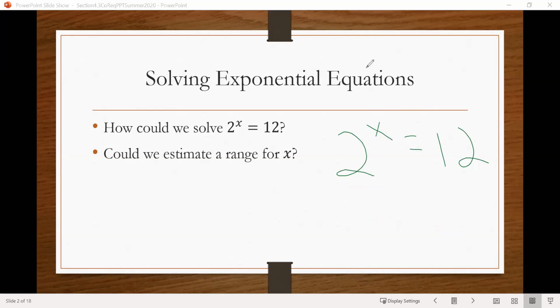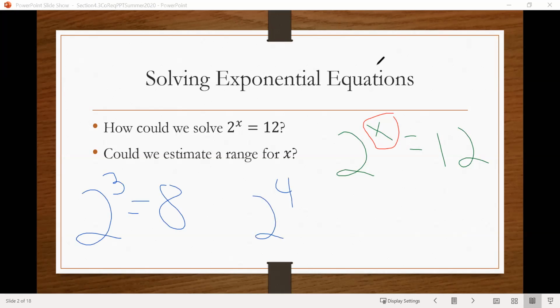Let's also think for a minute if we could estimate a range of the values for x up here, just for kicks and giggles. So what values must x be between? Well, when I look at this, I know that 2 to the third equals 8, and 2 to the fourth equals 16.